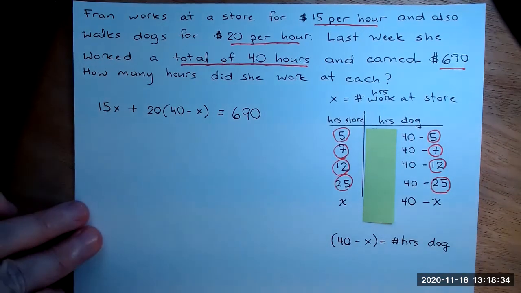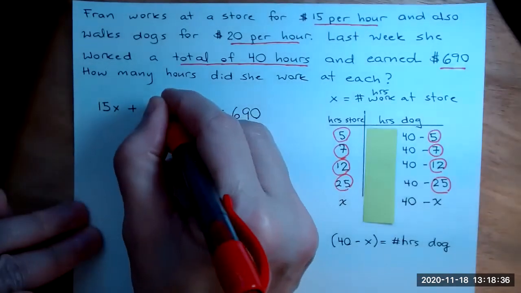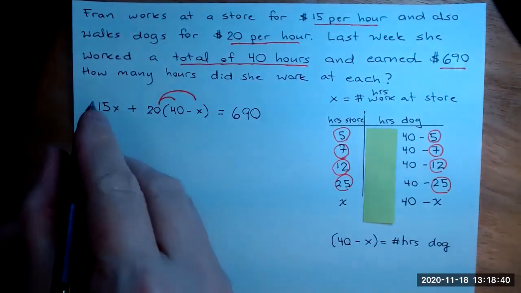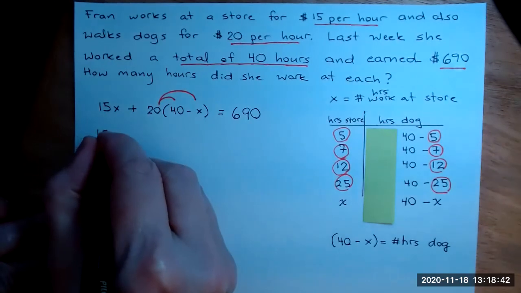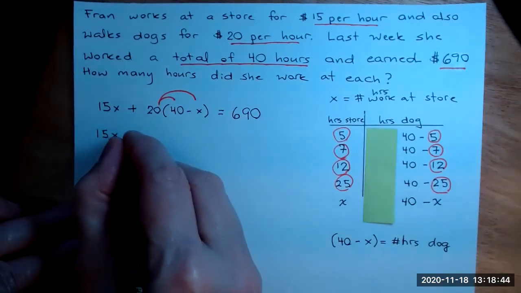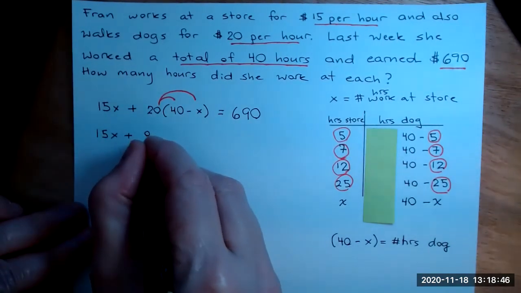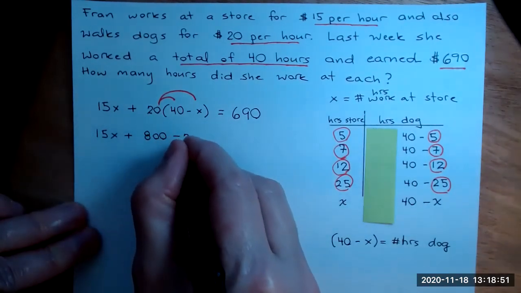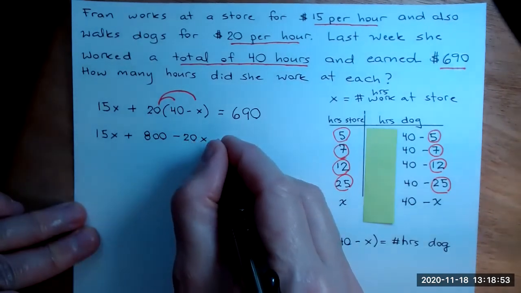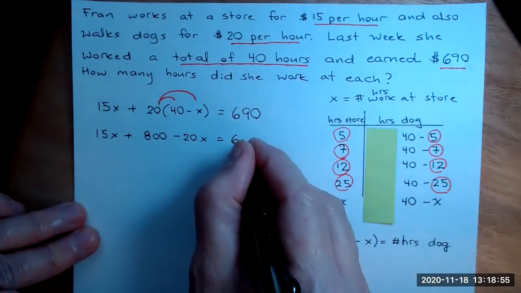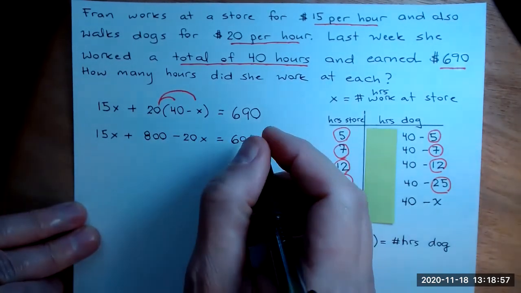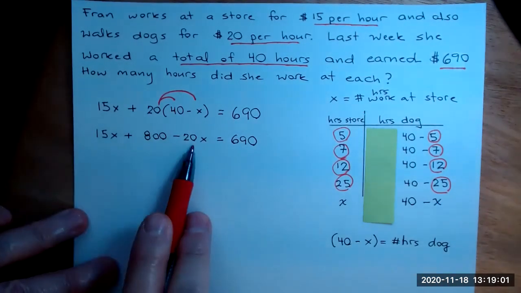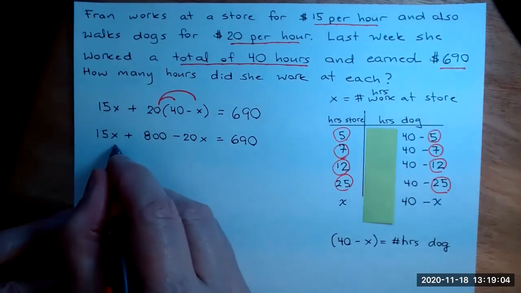All right, so the first thing you want to do is distribute. And then because the variables are on the same side, you want to combine like terms.